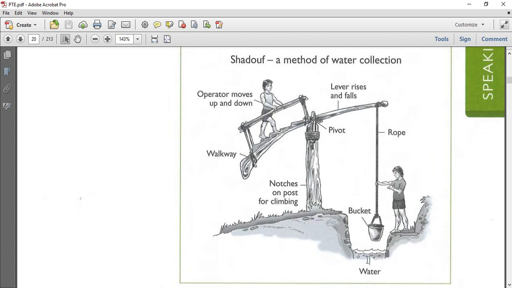As you can see, this is one process that we are going to describe in a logical way.